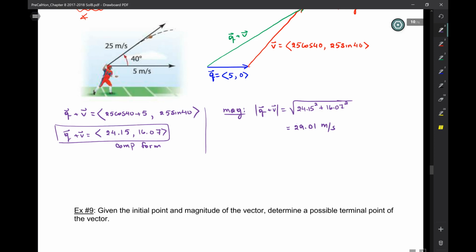Okay. Now, what about the direction? This is the inverse tangent always of y over x. So this is the inverse tangent of 16.07 over 24.15 in degrees.